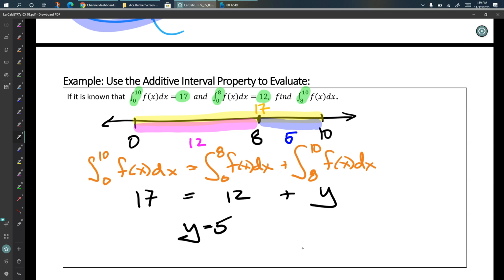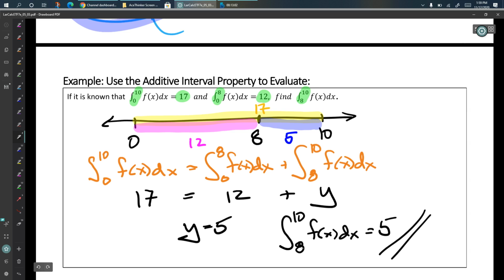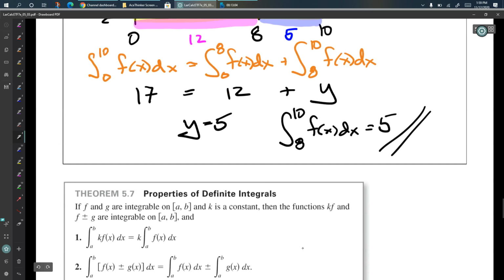Solve, get 5, or more precisely, the integral from 8 to 10 of f of x dx is equal to 5. Okay?